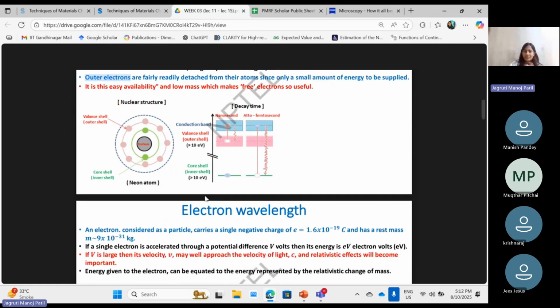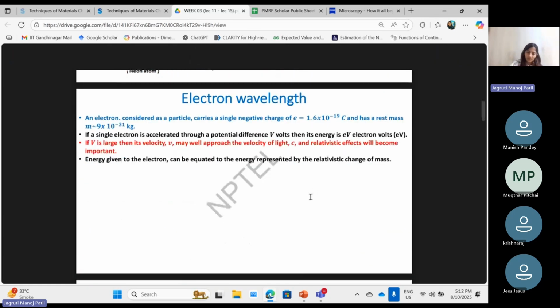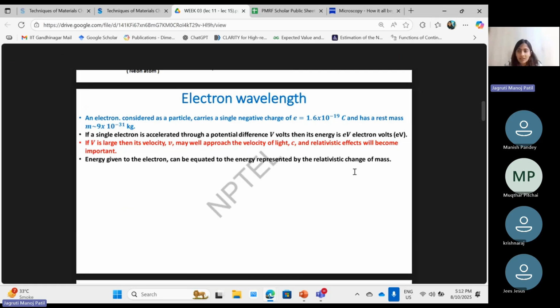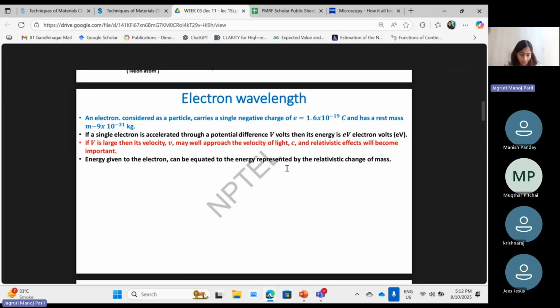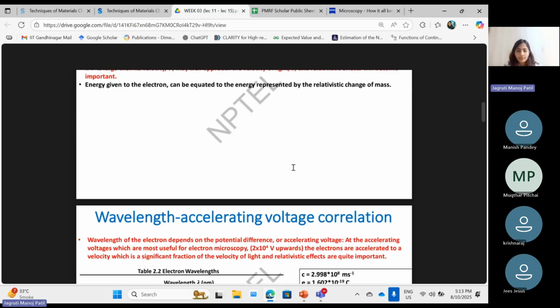Now, based on the wavelength of the electron and the mass of the electron, there comes a relationship for the mass of the electron, which is from the theory of relativity. The formula is not here; I guess even I can't write it, but you can refer to the lecture slides. The formula goes as: mass of the electron divided by the square root of 1 minus (V by C) squared.